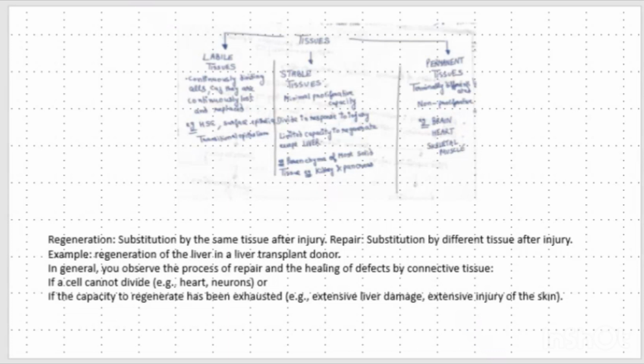So if a cell cannot divide, then the healing will take place by deposition of connective tissue and subsequent scar formation. It can also be valid for tissues which have some ability to regenerate, for example your skin, but the damage is just too much. Even in those cases, you will see some fibrosis happening.